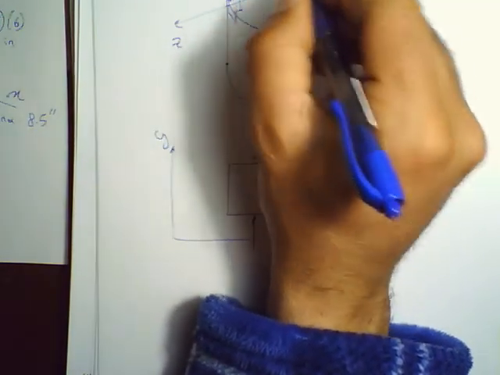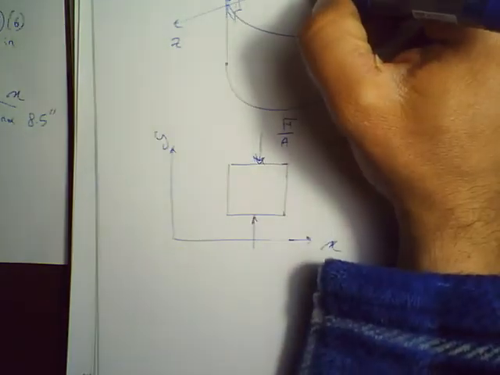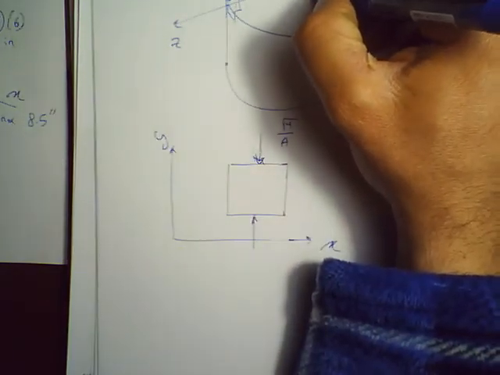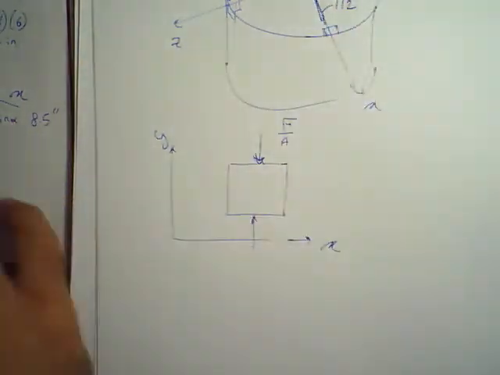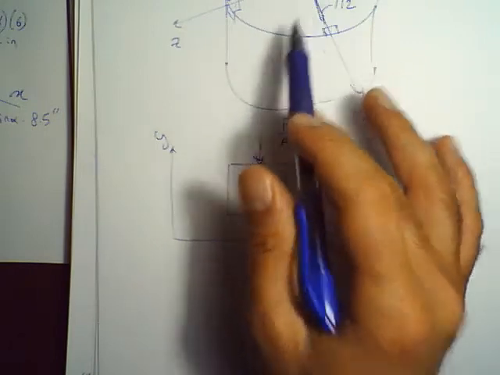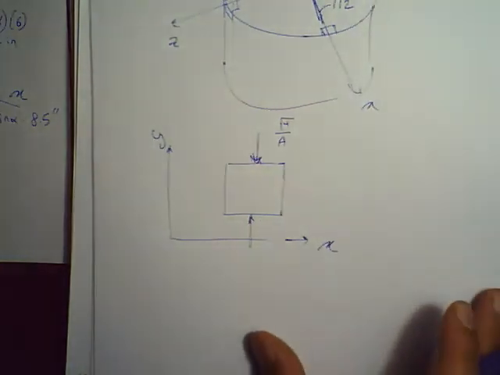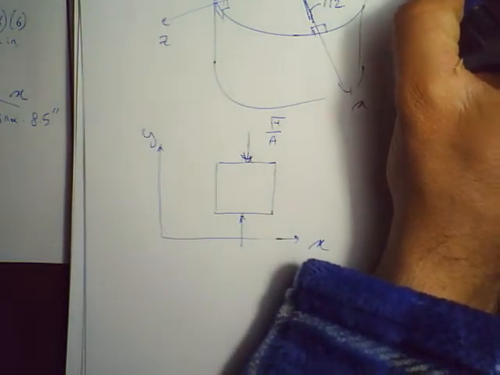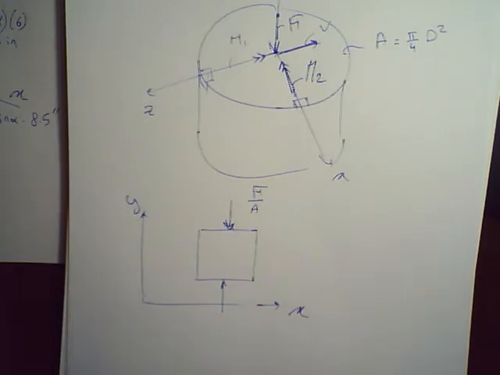I'm going to call this M1, and this one M2, and I'll let you replace the actual values that you have here. This has a cross section area A, which is equal to pi over 4 d square.